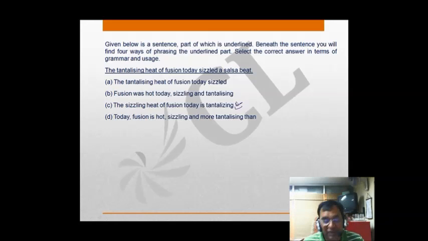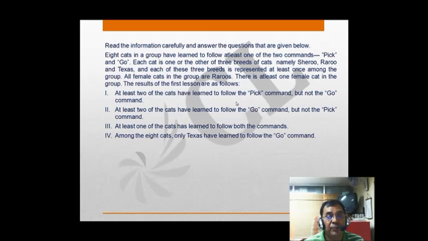So I don't know, generally I don't do this question. Now again it's a reasoning. Eight cats in a group have learned to follow at least one or two commands, pick and go. Each cat is one or the other of three breeds of cat, and each of these three breeds is represented at least once among the group.